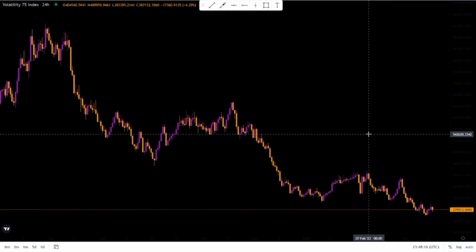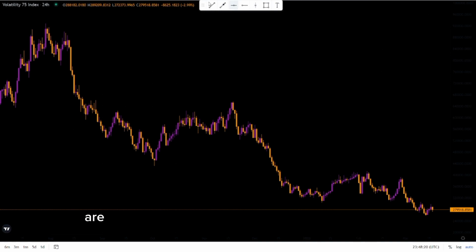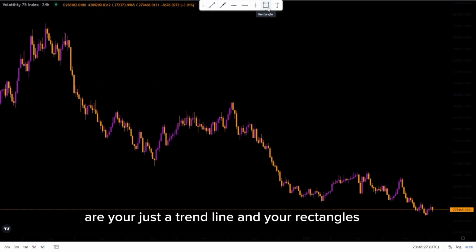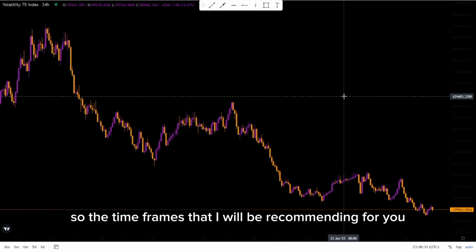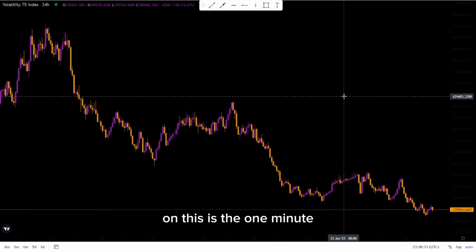All right. So what you will need are just your trend line and your rectangles. The time frames that I will be recommending for this are the 1 minute, 5 minute, and 15 minute time frames.